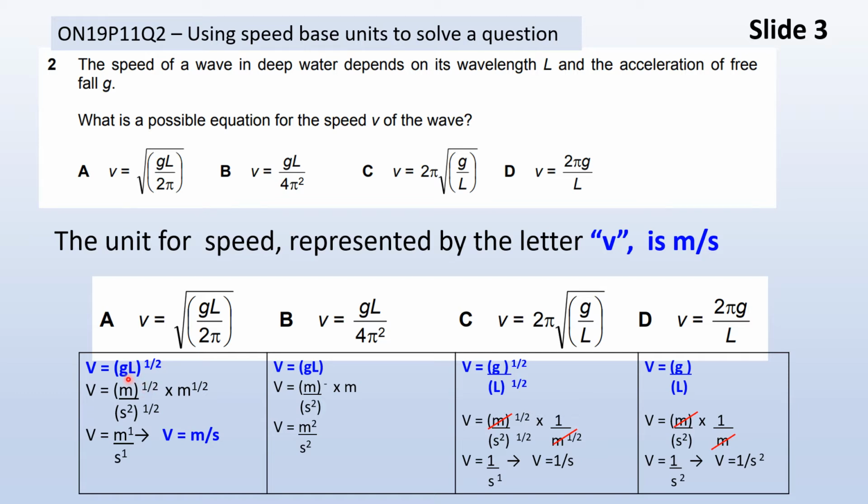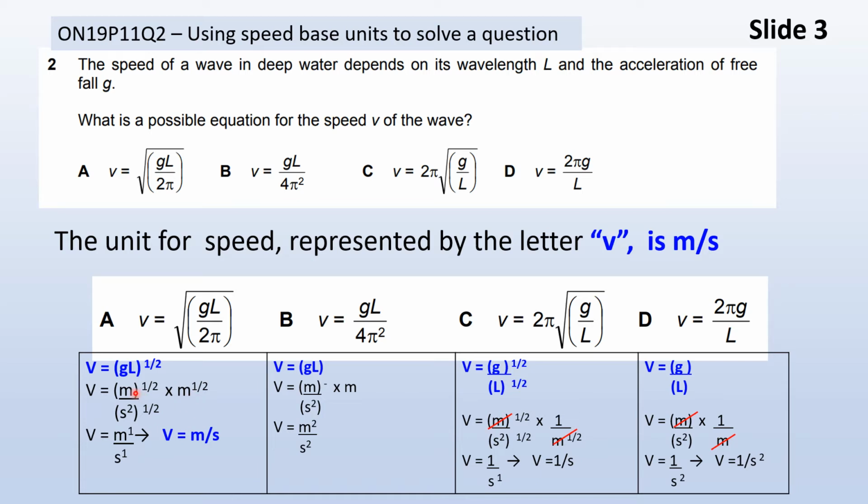The base unit for gravity is meters per second squared, so 1 over 2 is on the m, and 1 over 2 is on the seconds squared. Likewise, the unit for length is meter, so it is applied to m as well.